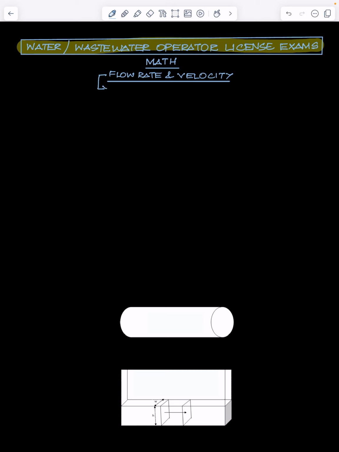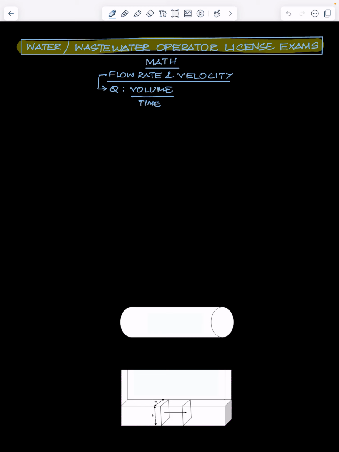So let's first talk about what is flow rate. Flow rate is denoted by the letter Q and is essentially the total volume of water that is passing by a certain point in a given period of time. So flow rate is nothing but volume per time.